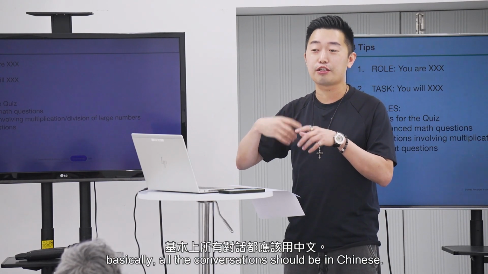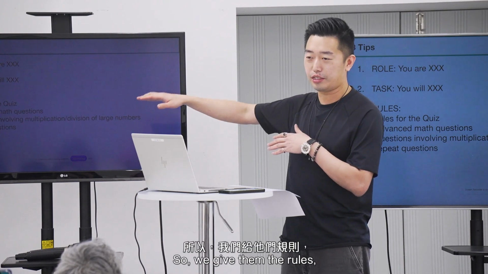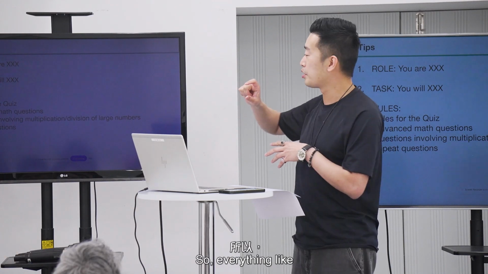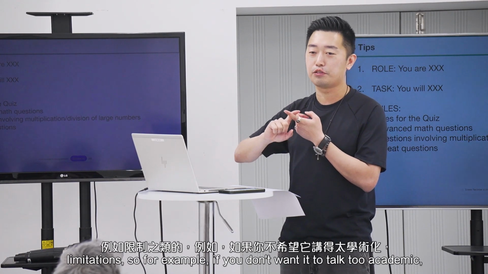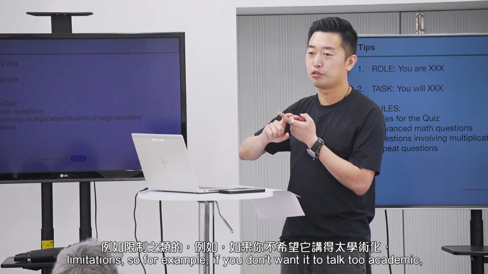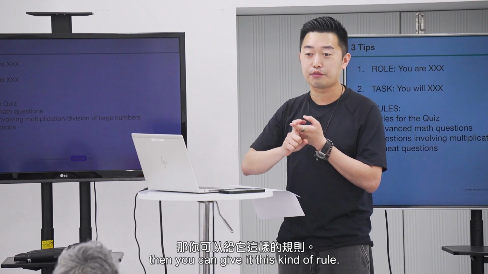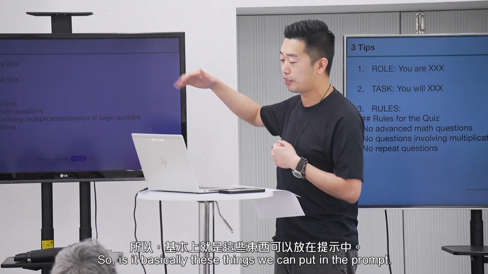So basically all the conversations should be in Chinese. So we give it the rule, okay, all conversation in traditional Chinese. There are also limitations, for example, if you don't want it to talk too academically, then you can give it this kind of rule. So it is basically 3 things we can put in the prompt.